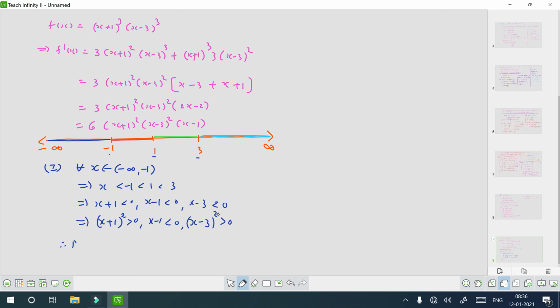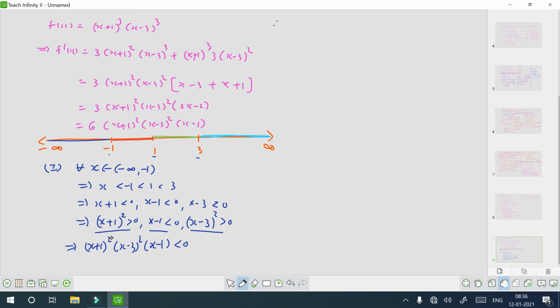And therefore by 1, this implies (x plus 1) whole square, (x minus 3) whole square, (x minus 1) is less than 0, because this one is positive, this one is positive, and this one is negative. So two positive quantities and one negative quantity, so their product is negative.